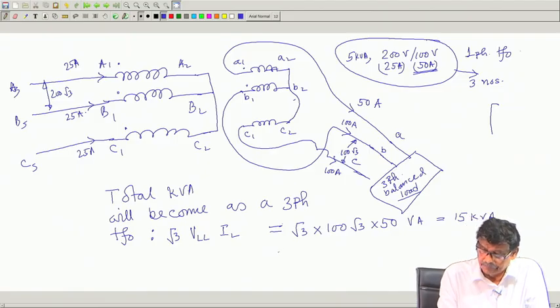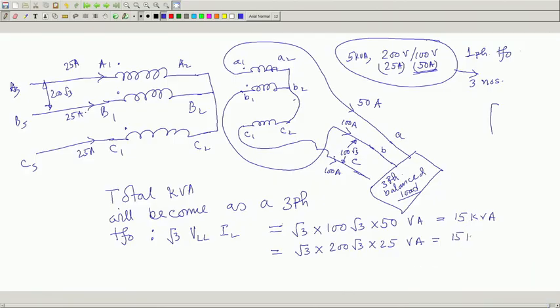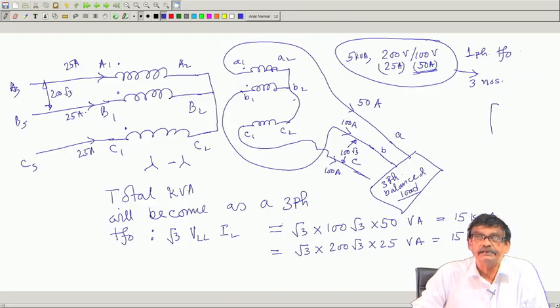Of course it will be the same if you calculate from this side: √3, line to line voltage is 200 √3, line current is 25, which will also become equal to 15 KVA. Nothing surprising, each transformer was rated at 5 KVA. So, you have connected it as a 3 phase transformer with star connection, then total KVA will become 15 KVA. Anyway, we will continue with this in the next class. Thank you.